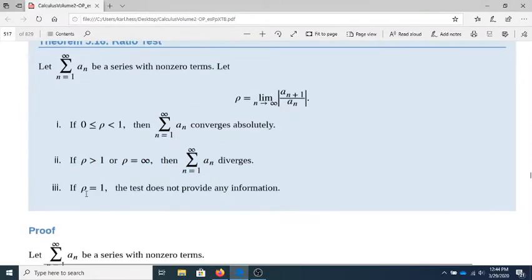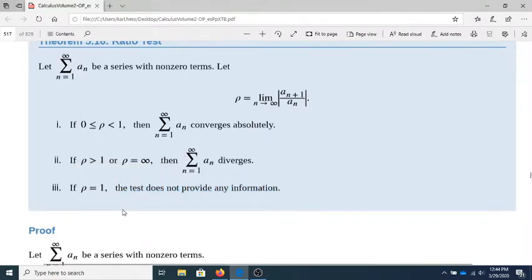Now, it is possible that that limit would turn out to be exactly 1, and in that case, we say that the test does not provide any information. The reason we say that is because in that scenario, the series could be convergent or it could be divergent, and we'll have to use a different test to get at the answer.